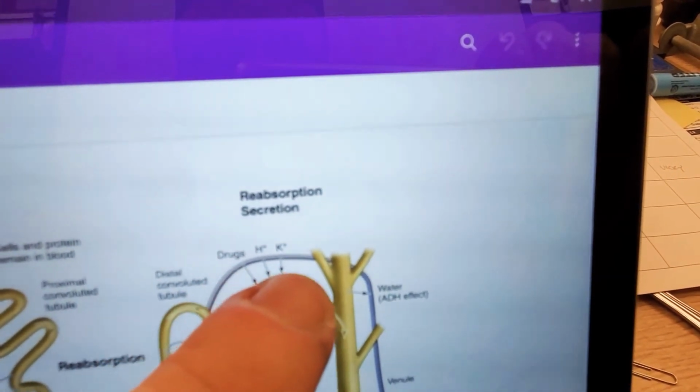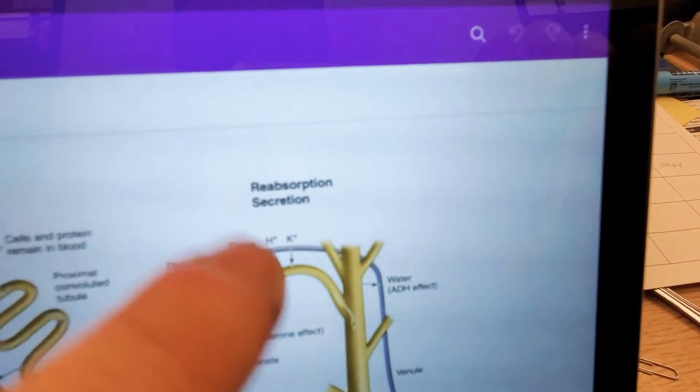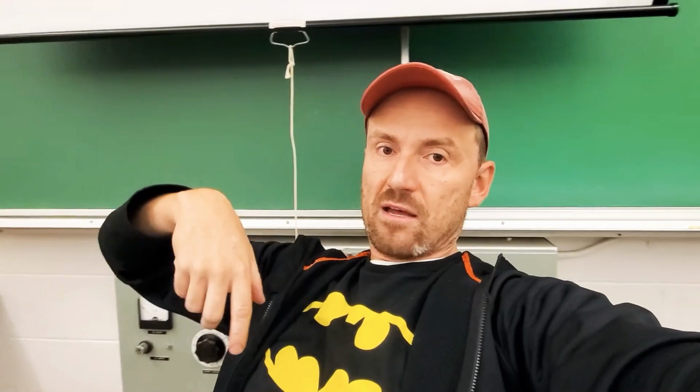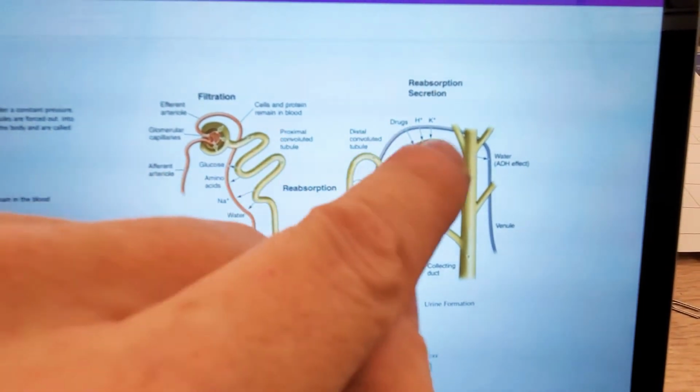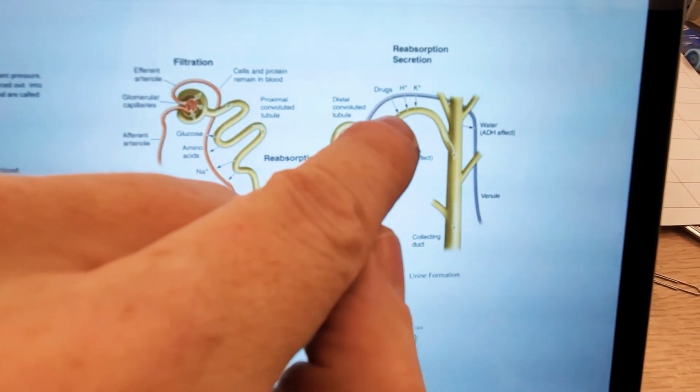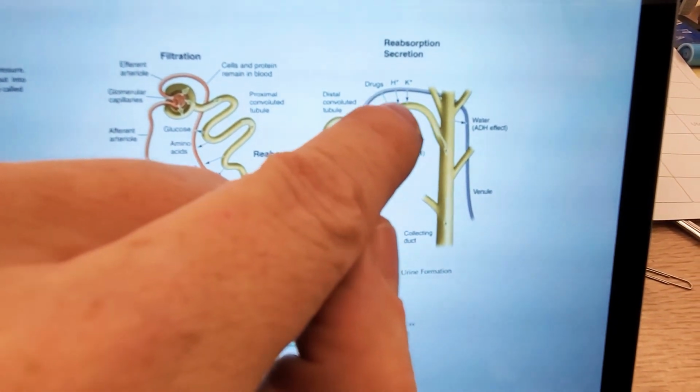Bicarbonate ions actually did end up in this filtrate too, and they will be pulled into the blood to make the blood more basic, and the hydrogens will become excreted. And the reverse will happen. If your blood is too basic, bicarbonate ions will go into the filtrate, and hydrogen ions will get pulled out. So pH control and excess drugs and vitamins go here in the distal convoluted tubule.